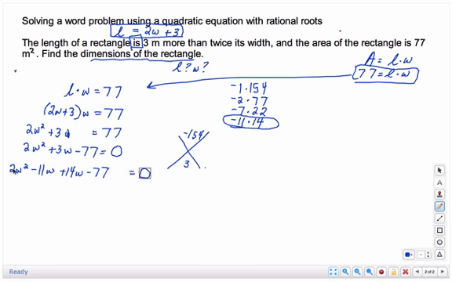I'm going to just ignore that for a little bit and just factor this. So I'm going to group the first two terms together and the last two terms together. I'm going to common factor. What can I take out of both of these? I can take out a W. So that leaves me with 2W minus 11. And here I can see I can divide both of these by a 7, so I'm going to take out a positive 7. A lot of times if this is plus, I'm factoring out a positive number.